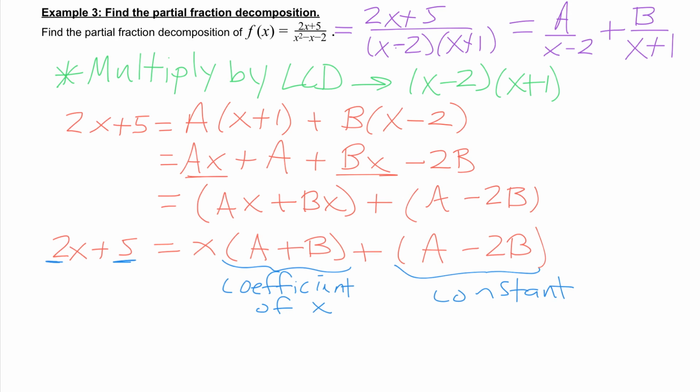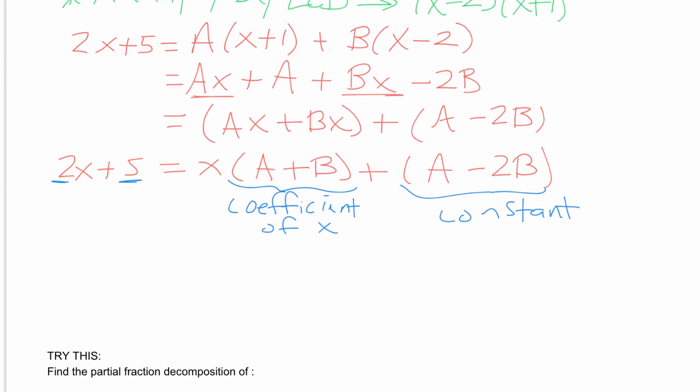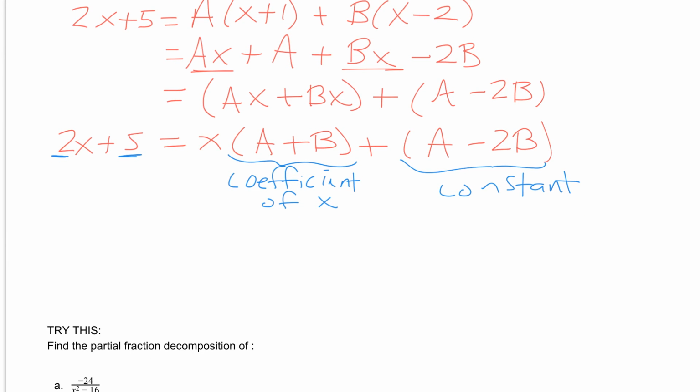So my coefficient of x, that a plus b, has to be 2, just like it's the coefficient here. And my constant over here, which is 5, has to be the same constant over here on the right if these are going to be equal, which is also 5. So if we move this up, I know that 2 has to equal a plus b, the coefficient of x, and 5 has to equal a minus 2b, which is my constant.